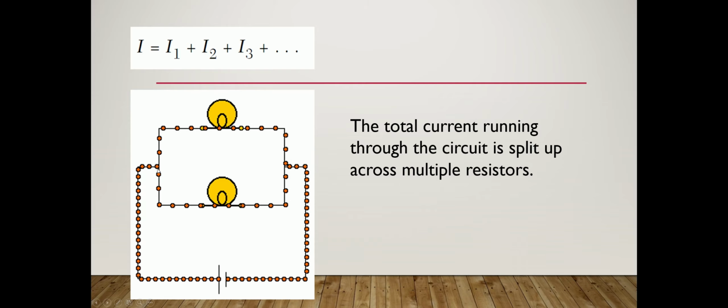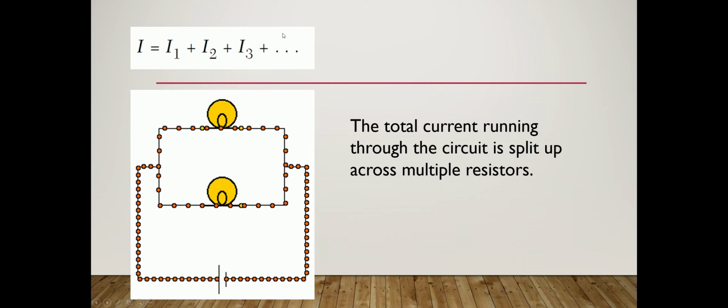And at the end right here, once the circuit comes into one, once they combine, you'll see that the amount of electrons is the same as the amount of electrons before. So the electrons moving through the circuit in the beginning is the same as the electrons moving at the end. It's just that when it's running through these resistors, it's split up.